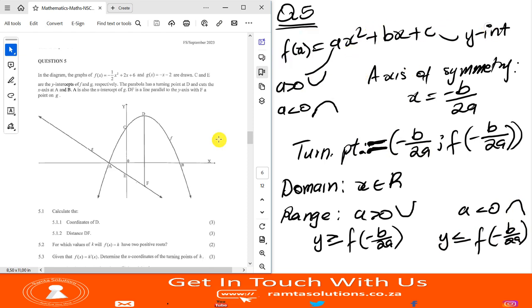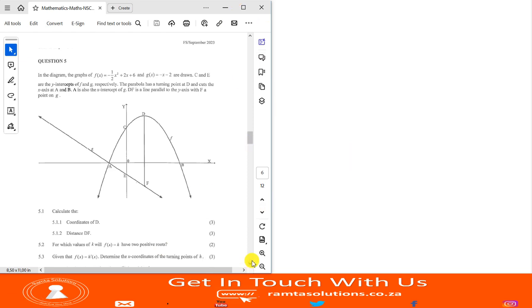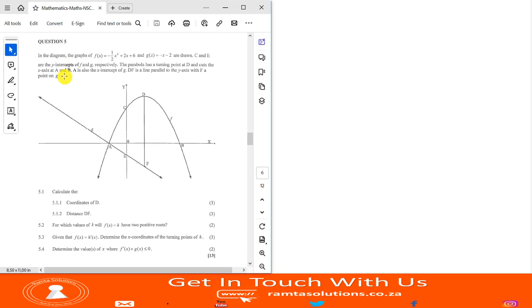Okay, perfect. Now let's answer the questions. So they are given in the form f of x equals negative half x squared plus 2x plus 6, and g of x is equal to negative x minus 2. They are drawn.